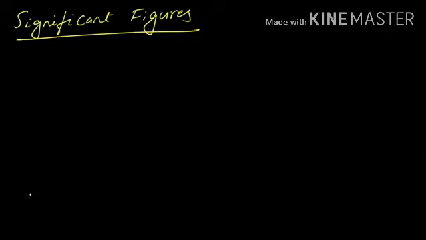Hello students. So the next topic that we are going to study is the significant figures. What are significant figures? When we are studying science, we are taking a lot of measurements, like the mass of an object, length, volume, etc. All these measurements that we are taking will not be absolutely correct.